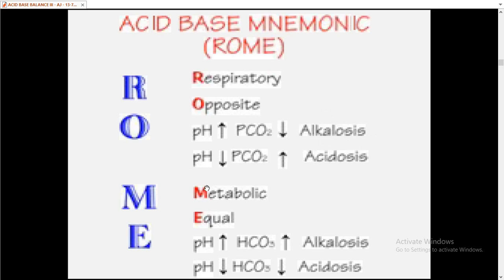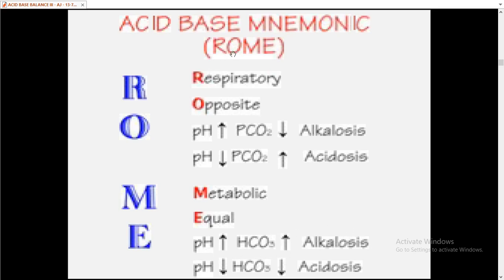While in metabolic disturbances, both pH and bicarb go in the same direction. In case of acidosis, if pH drops, then bicarbonate also decreases and there is acidosis. In case of metabolic alkalosis, if pH is increasing, then bicarbonate will also increase.